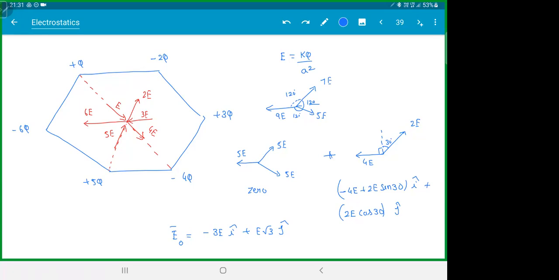Anyone confused with this? Please ask. Clear. Next one.